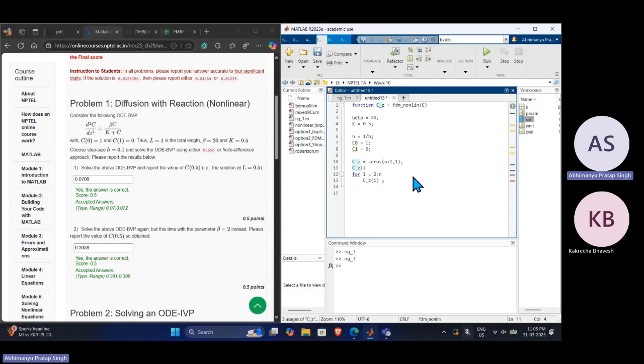And I know that c(0) is equal to 1, c0, and c(n plus 1) is equal to c1.